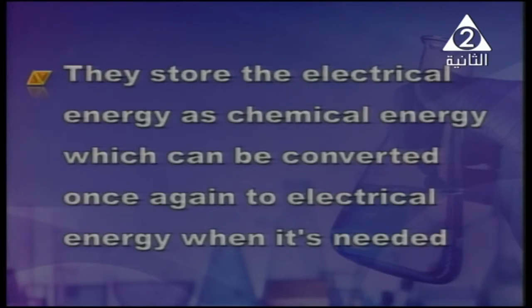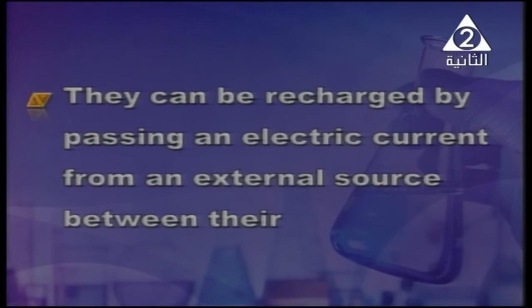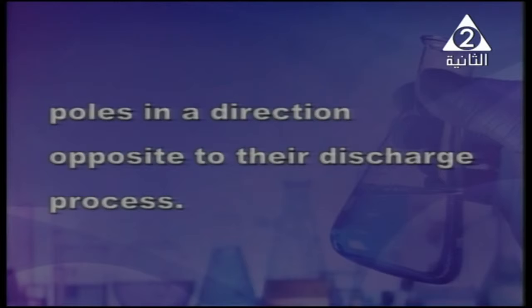They store the electrical energy as chemical energy, which can be converted once again to electrical energy when it is needed. They can be recharged by passing an electric current from an external source between their poles in a direction opposite to their discharge process.